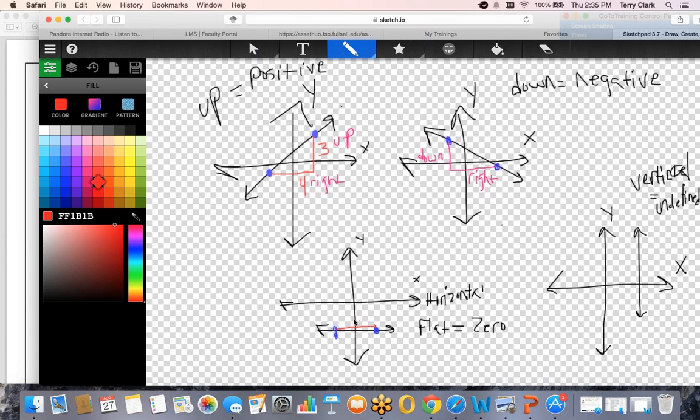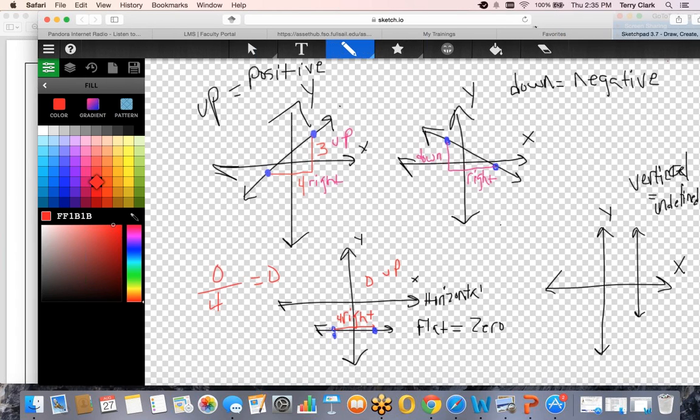We went over 4, 4 to the right, and we went 0 up. So it's going to be 0 over 4, which equals 0 for the slope there. Yeah, Michelle, the bottom number is always positive.